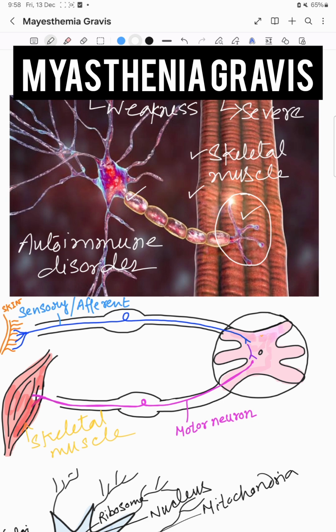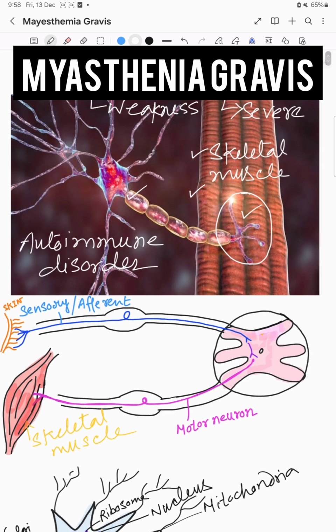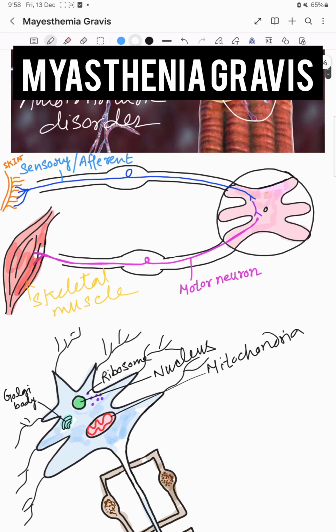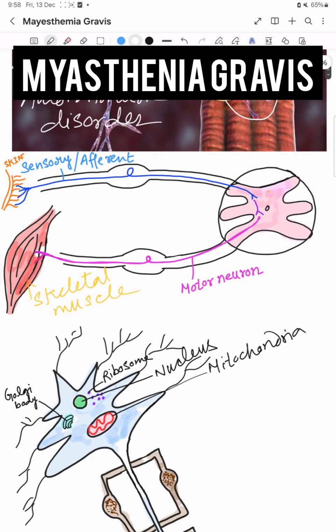But before discussing the neuromuscular junction, we need to understand how a motor neuron interacts with the skeletal system through a reflex arc. So that's why I have taken a reference of this reflex arc.